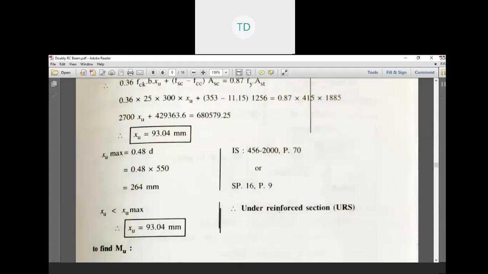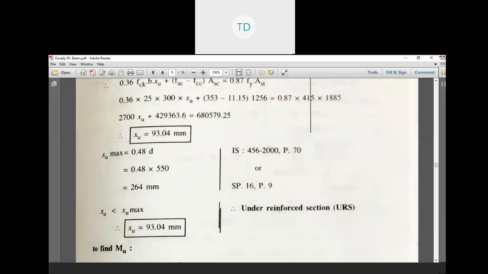Now xu max from IS 456 page number 70 is 0.48 d. We put the value of d 550, we get 265. xu is less than xu max, so use the under-reinforced section. Now to find Mu, Mu is equal to C1 Z1 plus C2 Z2.